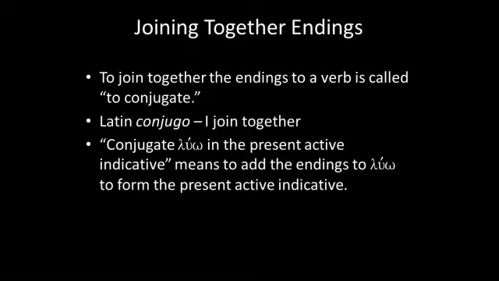So I would take that present stem lu, and then I would take the endings o, eis, ei, omen, ete, ousi, and I would join them together and get luo, lueis, luei, luomen, luete, luousi. That's what conjugating means. When we do verbs, we're going to conjugate. When we do nouns later, we're going to decline.